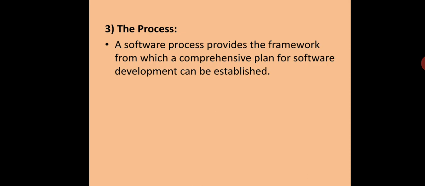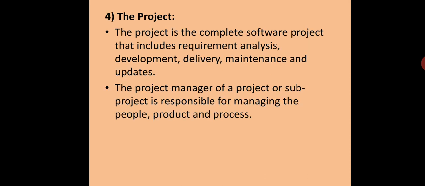So there could be hundreds of processes which can make up one project. The next thing is the term project. So project is the complete software project which includes everything basically from start till the end. It includes analysis, development, delivery, maintenance, updates and so on. So all these things entirely make up the project.